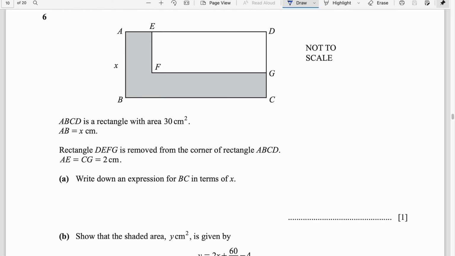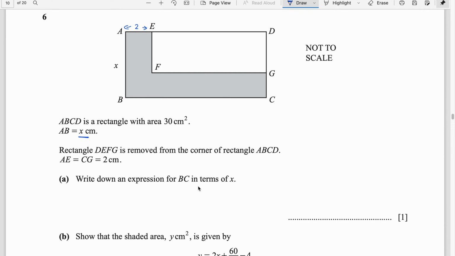Question number 6. ABCD is a rectangle with area 30 centimeter squared. AB is equal to x. Rectangle DEFG is removed from the corner of the rectangle ABCD. AE is equal to CG is equal to 2. So basically the width of the border is 2 at all times.